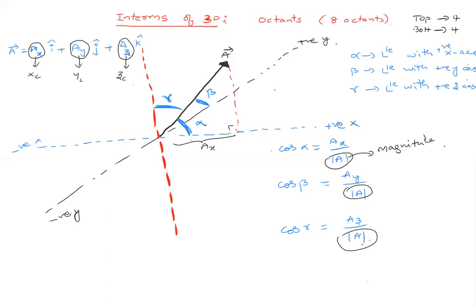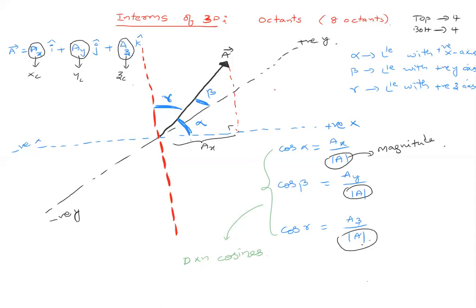And cos alpha, cos beta, cos gamma are called direction cosines. Direction cosines are nothing but the cosines of the angles made with the positive x-axis, positive y-axis, and positive z-axis.